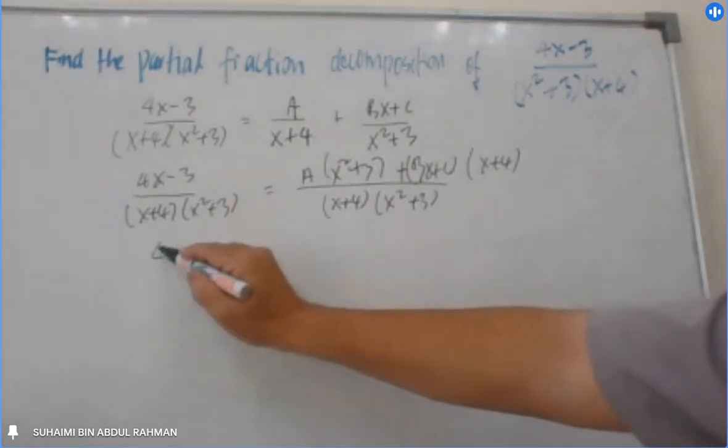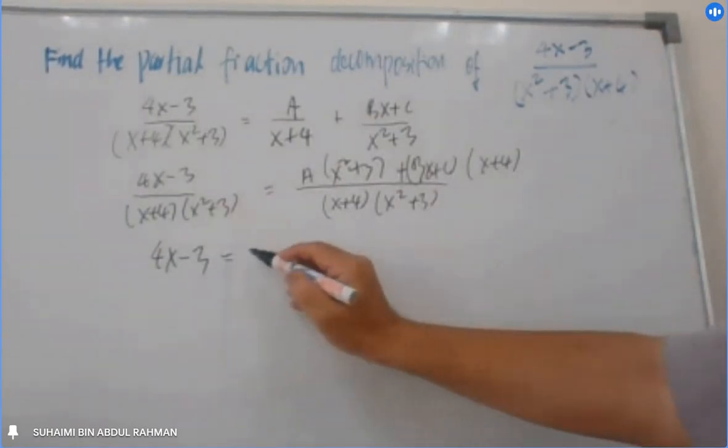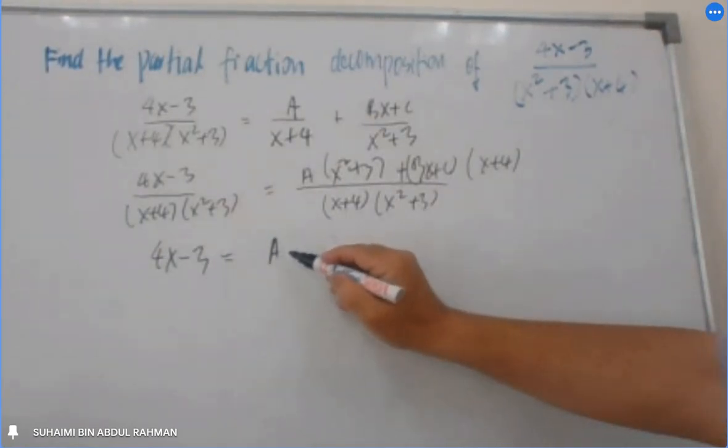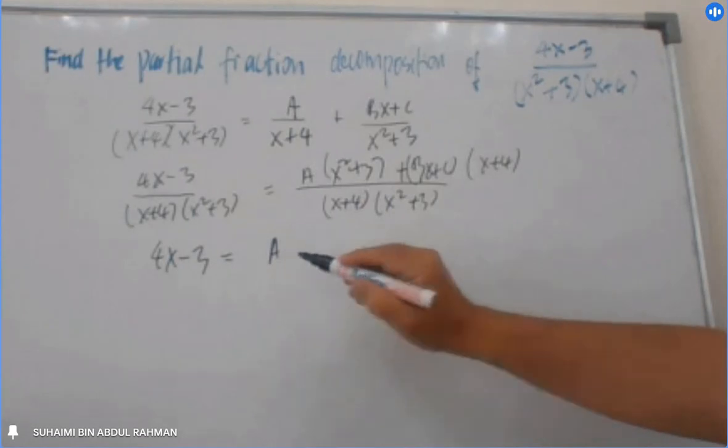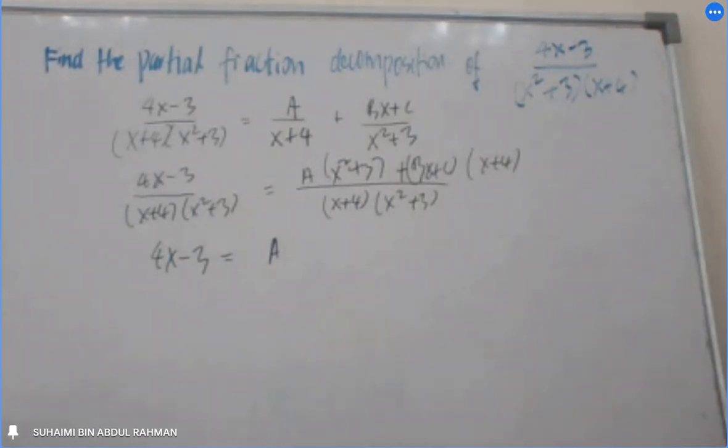So we have x - 3 equal to A(x² + 3) plus (Bx + C)(x + 4), which is Bx² + 4Bx + Cx + 4C, plus 3A.